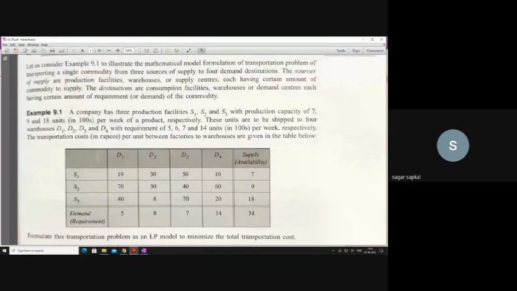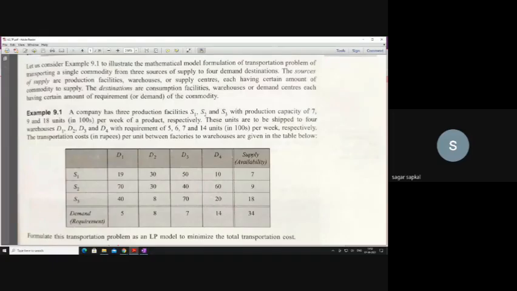Take down this problem, example 9.1. The company has three production facilities, S1, S2, and S3, with production capacity of 7, 9, and 18 in hundreds per week of product respectively. The capacity is given in hundreds.